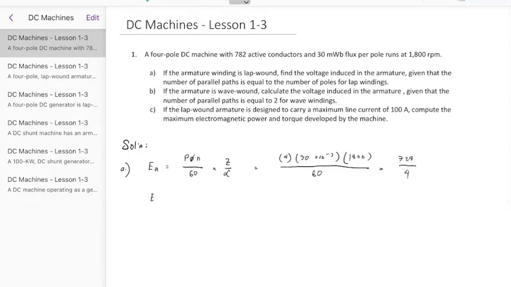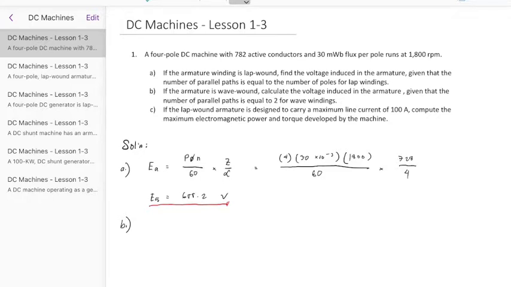So E sub A is equal to 655.2 volts. That is the final answer for letter A.